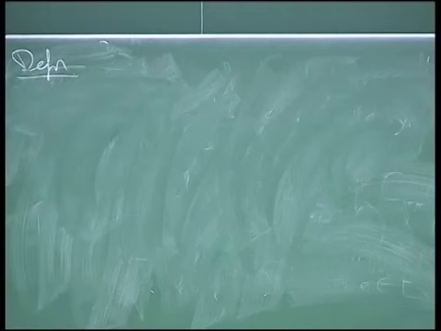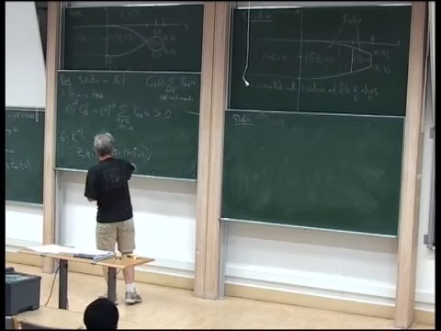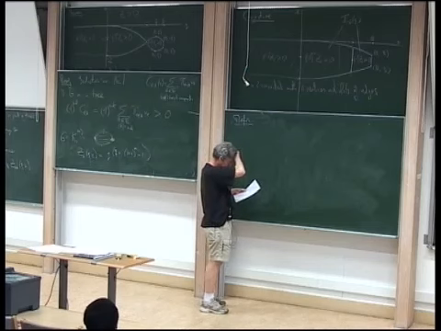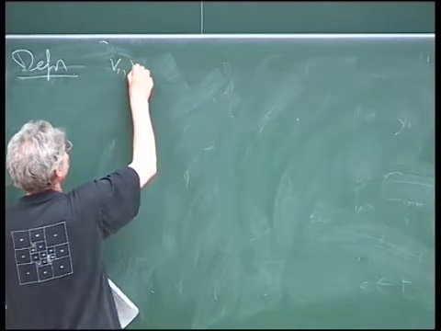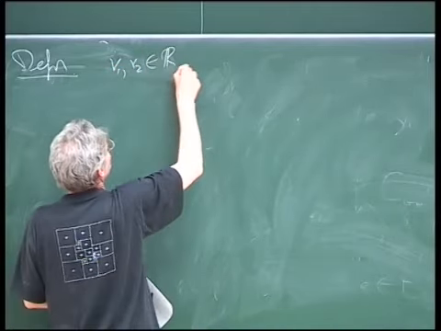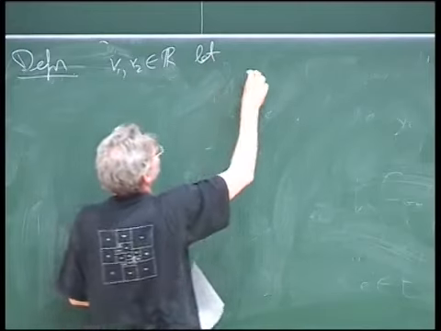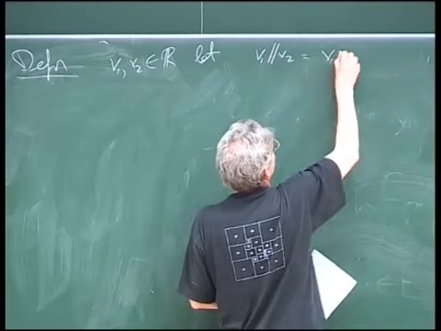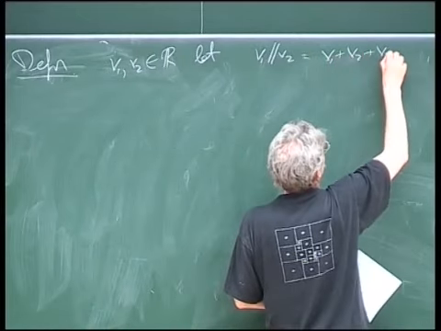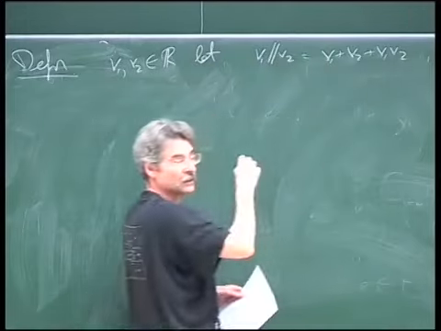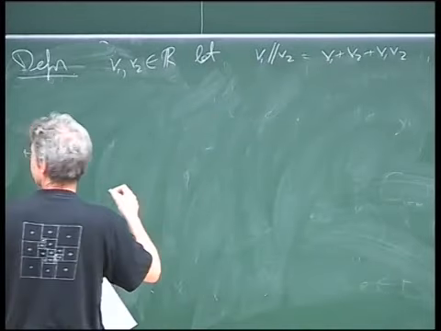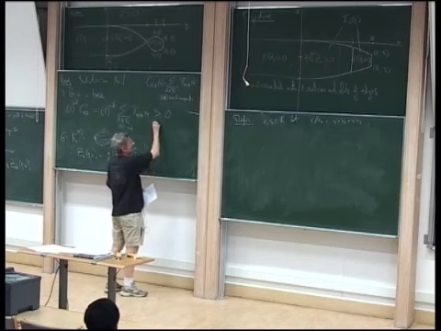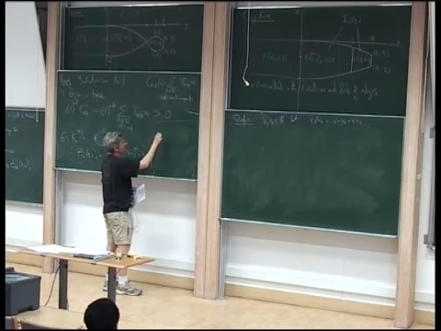So we're going to use parallel reduction. If v1 and v2 belong to R, I want to let v1 parallel v2 be v1 plus v2 plus v1 v2. And as for the parallel reduction lemma, there is also a series reduction lemma.